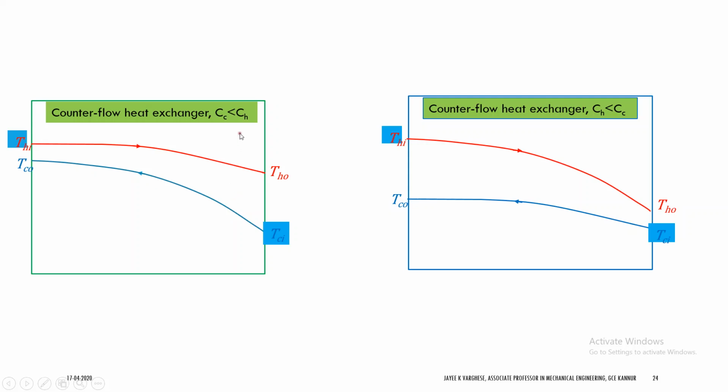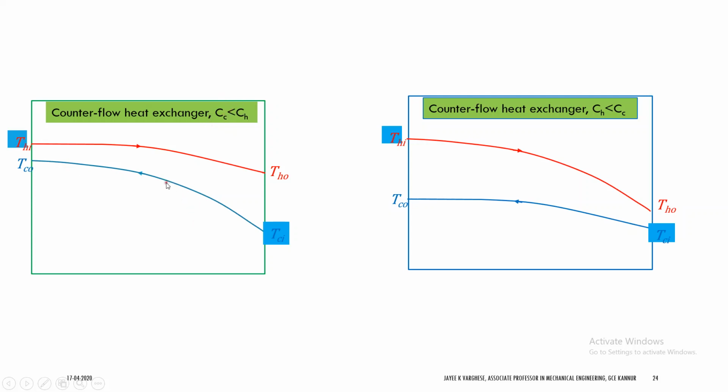The fluid which has lower heat capacity will undergo higher variation of temperature. That is, the difference between inlet and outlet temperatures will be more in the case of a fluid having a smaller heat capacity. So in this case, Cc is smaller than C hot.